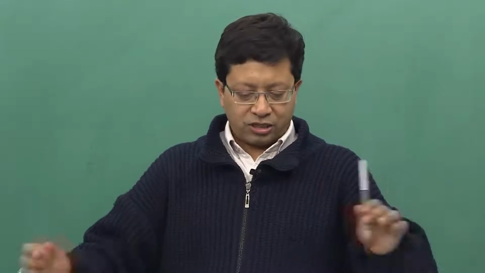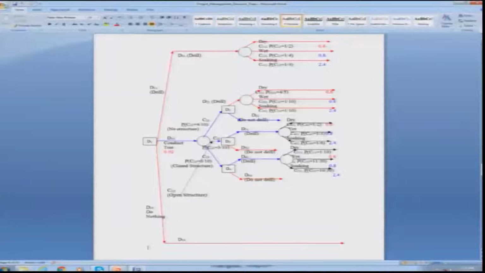If you pay attention, the upper arm was basically not viable. You are starting from the right. In this arm, where the blue is no drill, the value was 0, hence you took that.